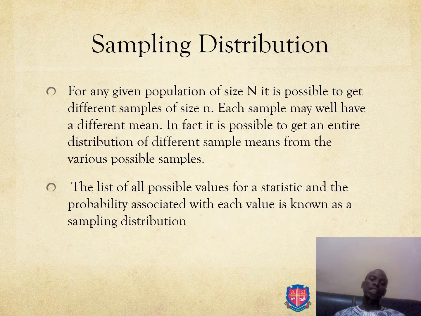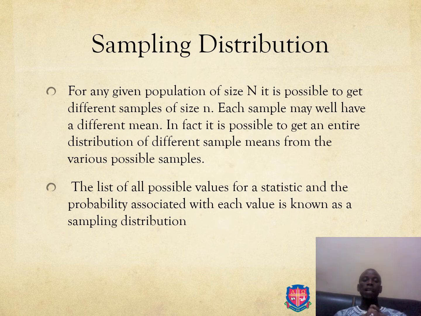So a statistic is for a sample, as a parameter is for a population. So the list of all possible values for a statistic, and the probability associated with each value, is known as a sampling distribution.